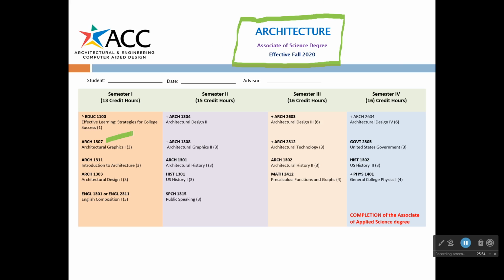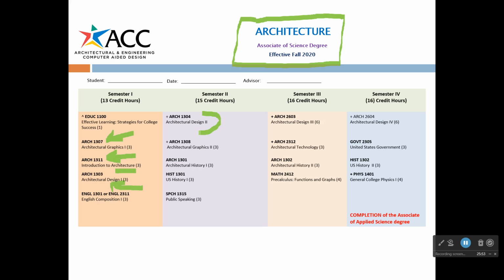You could take Architectural Graphics next semester if you haven't already taken it. You could take 1311, which is Intro to Architecture, and you could take 1303, Architecture Design 1, if you haven't taken those.